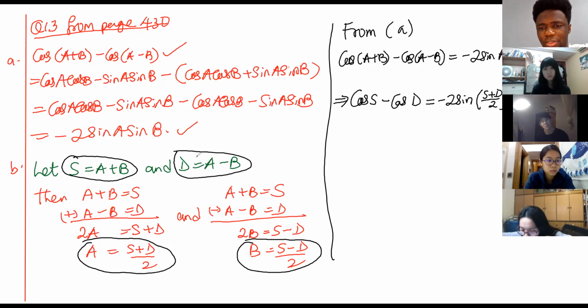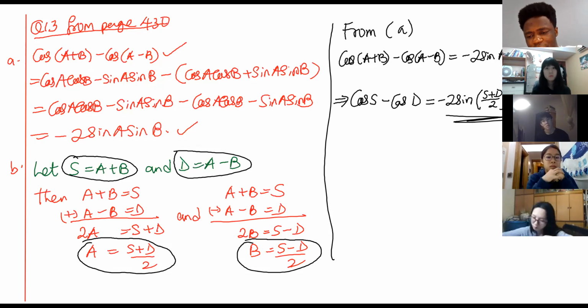So if you have a difference, you can change it to a product of sines. Can you see that, everyone? So this time around, our s and d are now our x plus h and x. Agree?